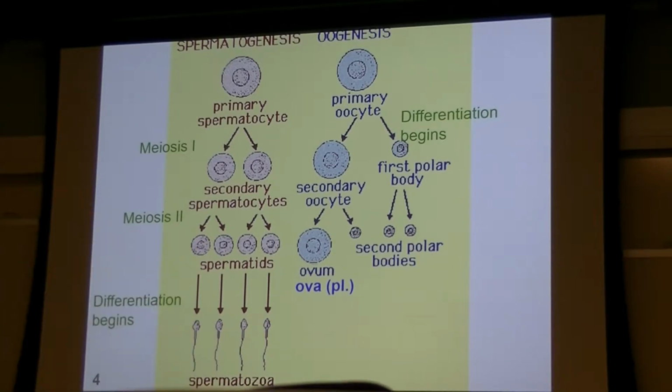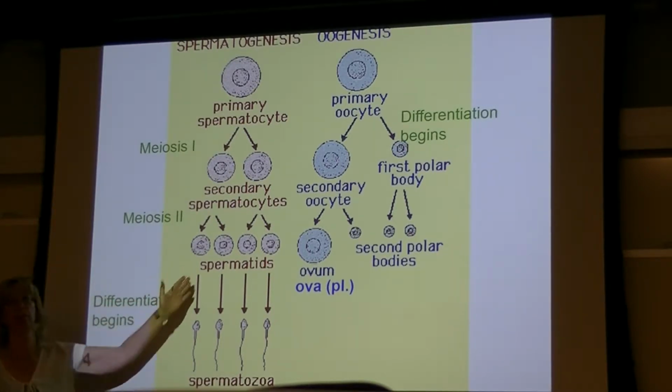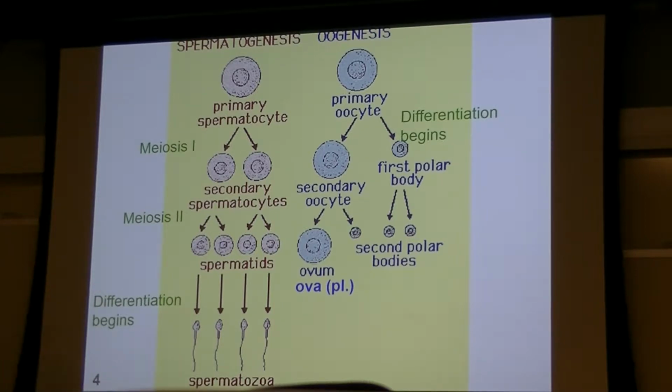And so, this would be in the ovary as puberty is proceeding. In the case of sperm, they go through the whole business of meiosis 1 and meiosis 2, and then during spermiogenesis, when the sperm are taking on their specialized structure and shape, we could say that's when differentiation begins.